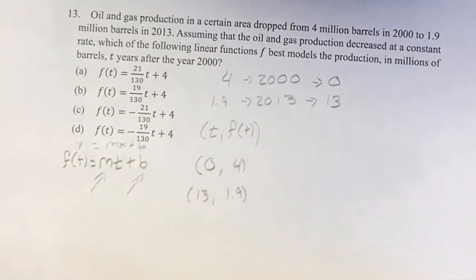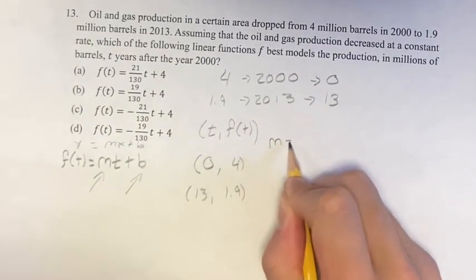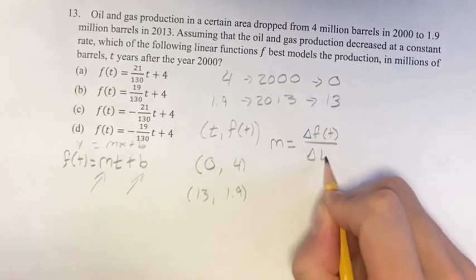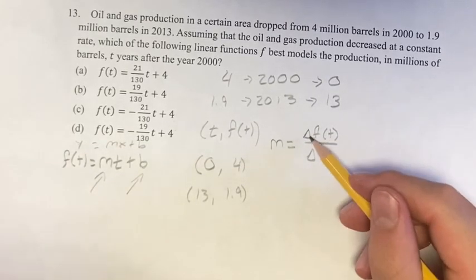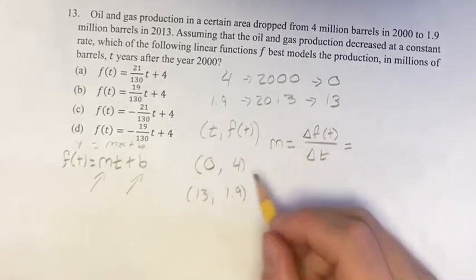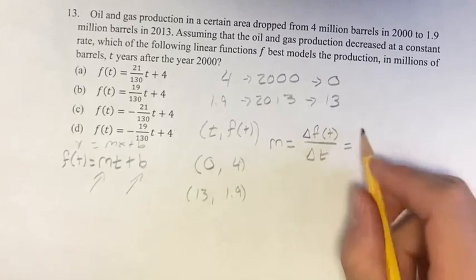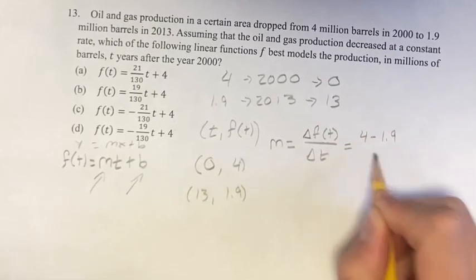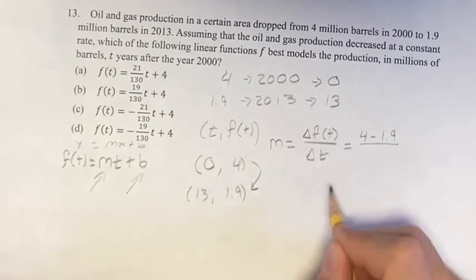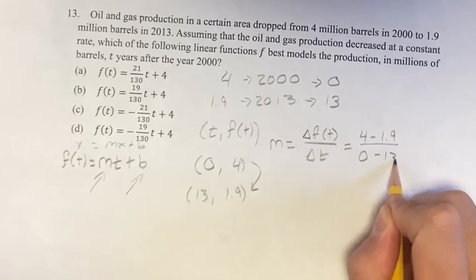So the slope is going to be the change in f of t over the change in t. Right, just like it would be the change in y over the change in x. So f of t went from 4 to 1.9, so 4 minus 1.9, over t goes from 0 to 13, so 0 minus 13.